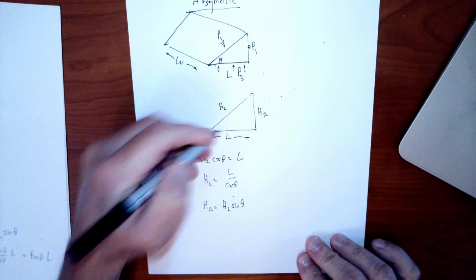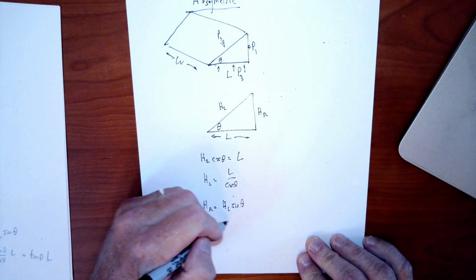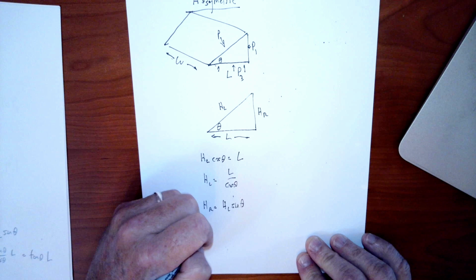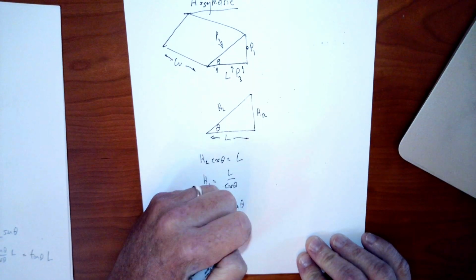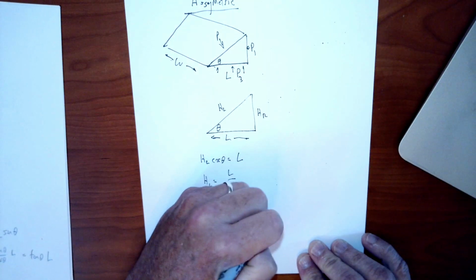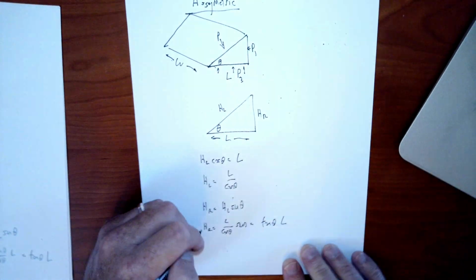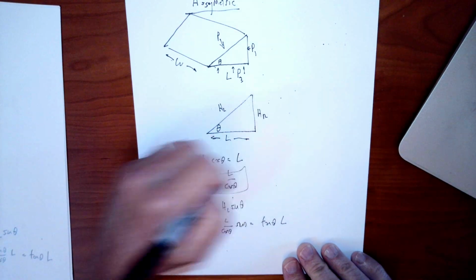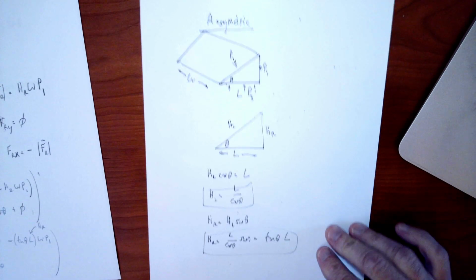So HL sine of theta, sorry, theta's here. Sine of theta gives you HR. Well, but I know HL, so I can say HR is equal to L over cosine theta sine of theta, which is equal to the tangent of theta times L. So those are my HR and my HL expressions. So I can go ahead and calculate my pressures.